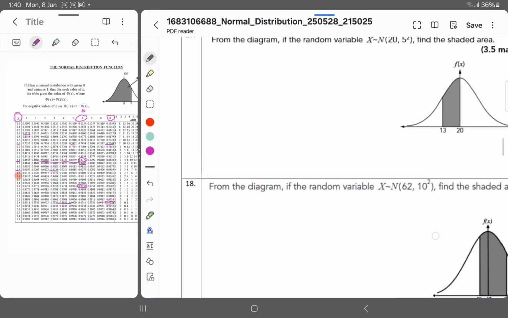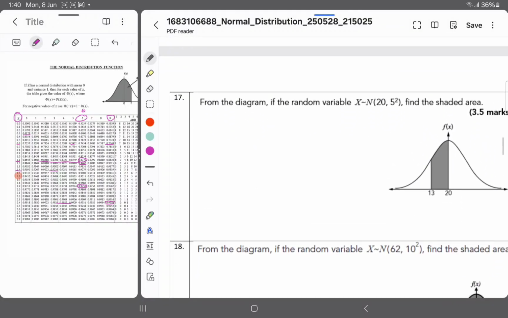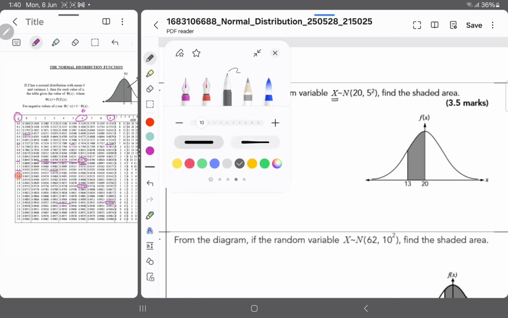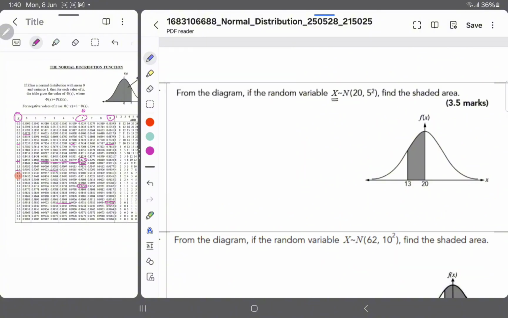Now we are going to another value. He said from the diagram, if the random variable x is distributed normally for 20 and 5 squared, find the shaded area. Here it's coming in x, so we need to use z equals x minus mu to change it to standardized.